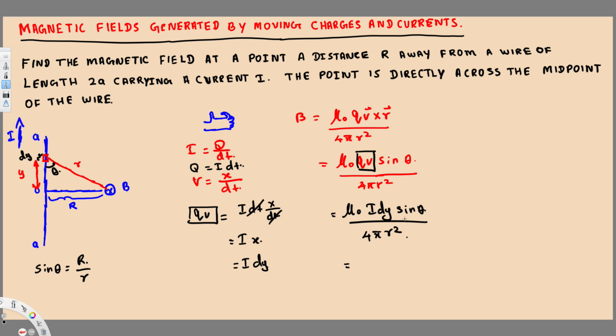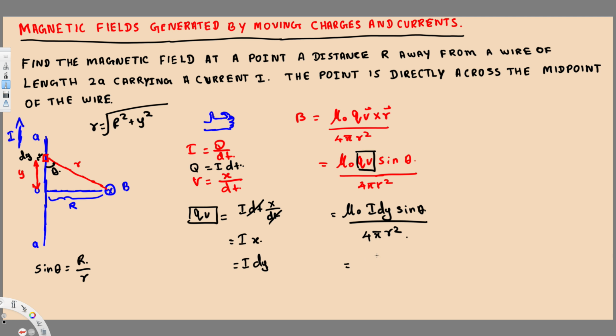But before we do that, we can do one more thing. We can find this r in terms of this capital R and this y. So r is equal to the square root of R square plus y square, by the Pythagorean theorem. Now let's replace this one with this.